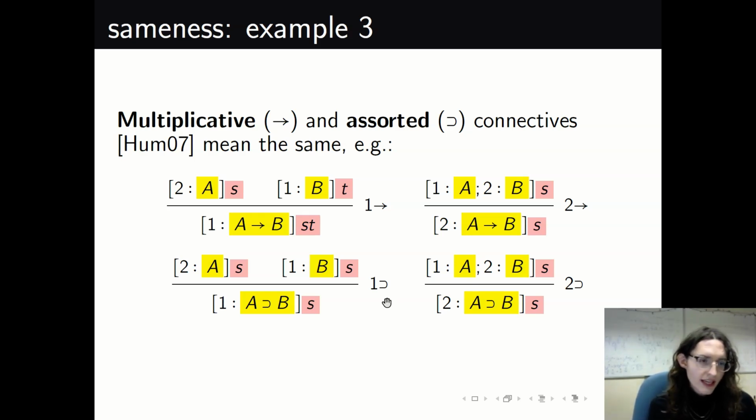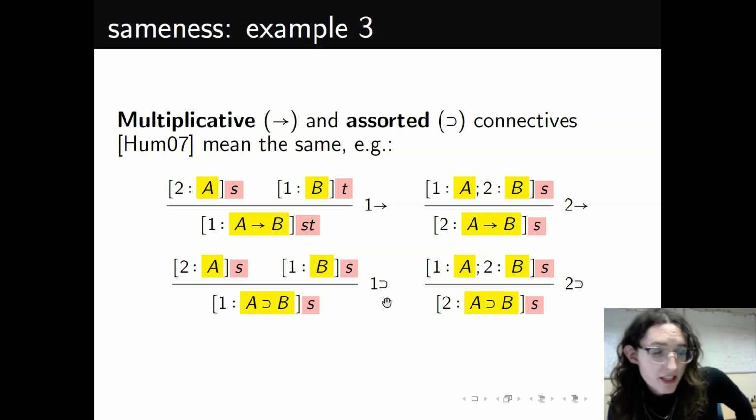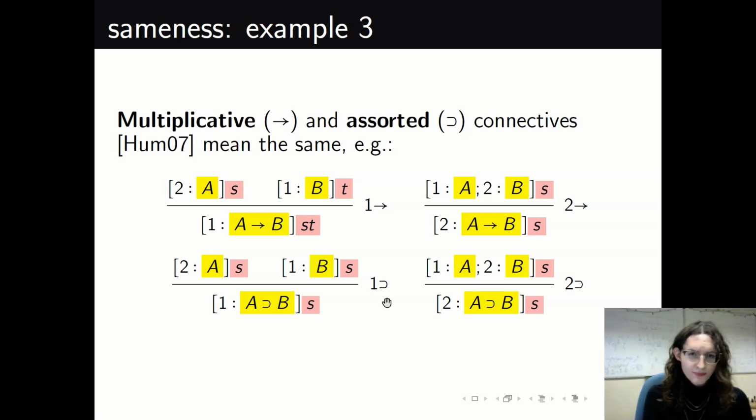And these assorted connectives consisting of the multiplicative right rule and the additive left rule aren't any kind of exotic creatures that you might be thinking about, but something you find quite frequently in logic textbooks, such as Buss's Handbook of Proof Theory. You'll find that in the standard definition of a sequent calculus.